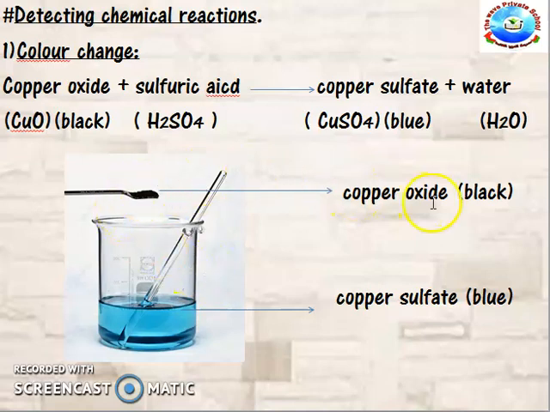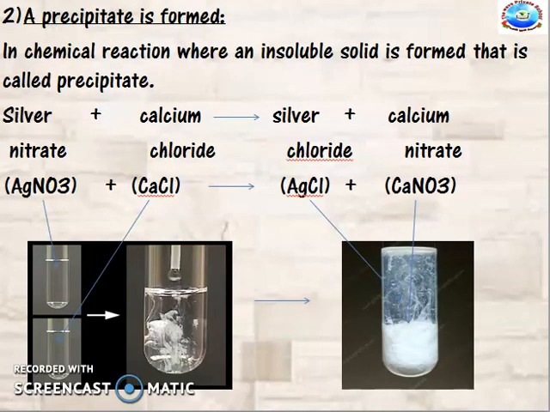Copper oxide is black, and when it is mixed with sulfuric acid, the solution turns blue, and that blue solution is called copper sulfate. You can see the reaction: CuO reacts with H2SO4, which gives CuSO4, that is copper sulfate, and H2O, water. Got the concept, student? Let us proceed next.